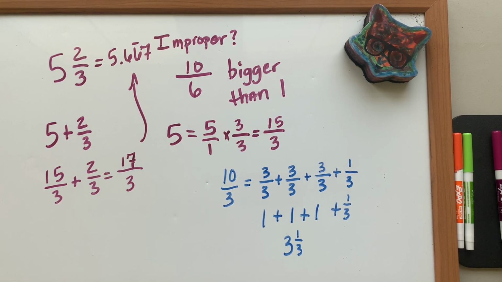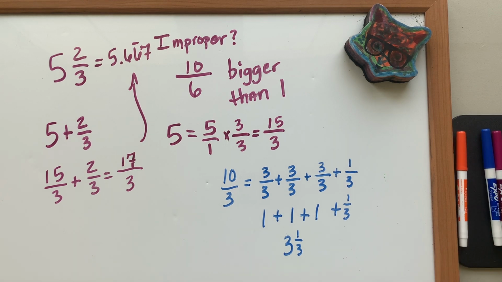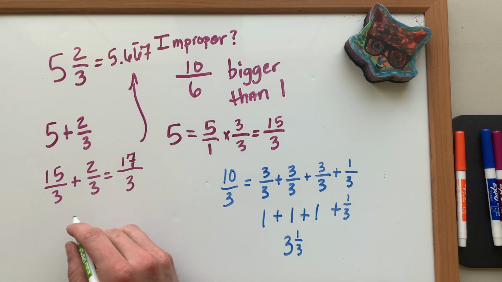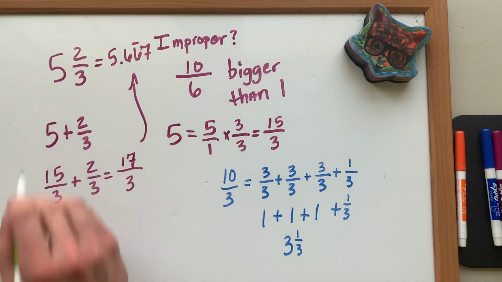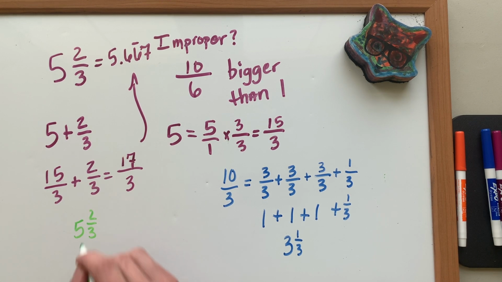Now I told you at the beginning that I would show you a quick way to turn a mixed number into an improper fraction. And the way to do that, let's use the same example. 5 2/3.